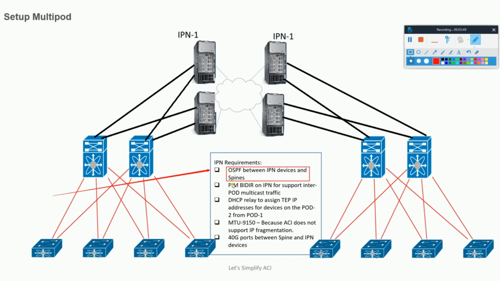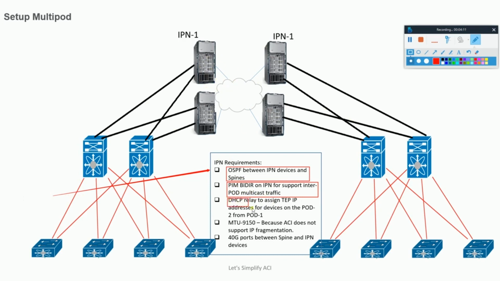The other point is we have to configure PIM bidirectional multicast for all types of traffic, unicast and multicast, to be communicated between the pods. So for that we need to configure a PIM bidirectional RP address on these IPN devices.